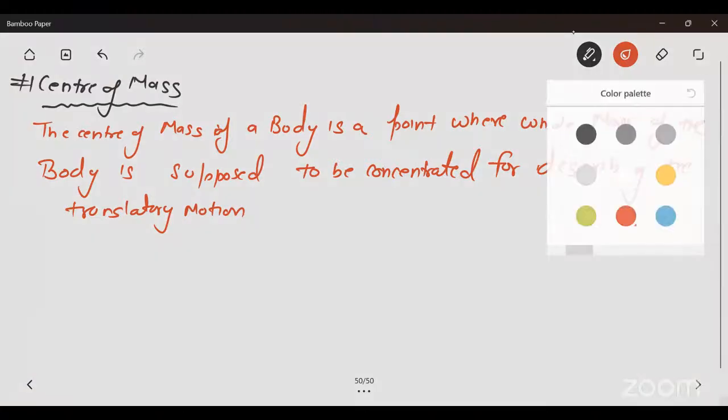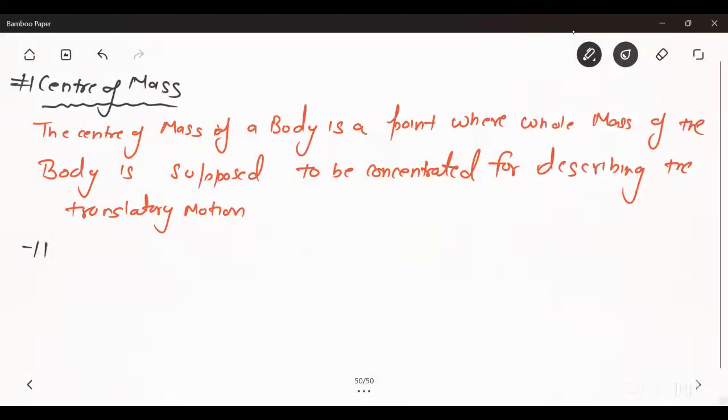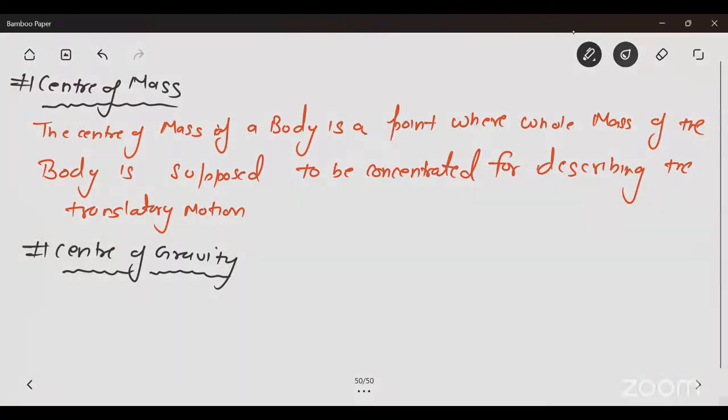Center of gravity always comes at the middle point, but the center of mass can or cannot be at the middle point of the object.